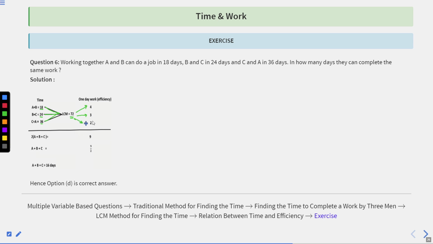So the total work efficiency will be A plus B plus B plus C plus C plus A, that is twice of A plus B plus C, equal to 9. So the 1 day work efficiency of A plus B plus C is 9 by 2. So the total time taken by A plus B plus C will be 72 divided by 9 upon 2, and it is equal to 16 days. So the option correct here is option D.